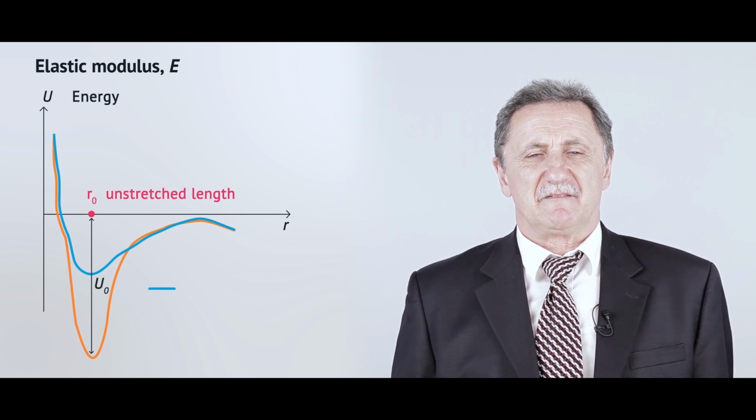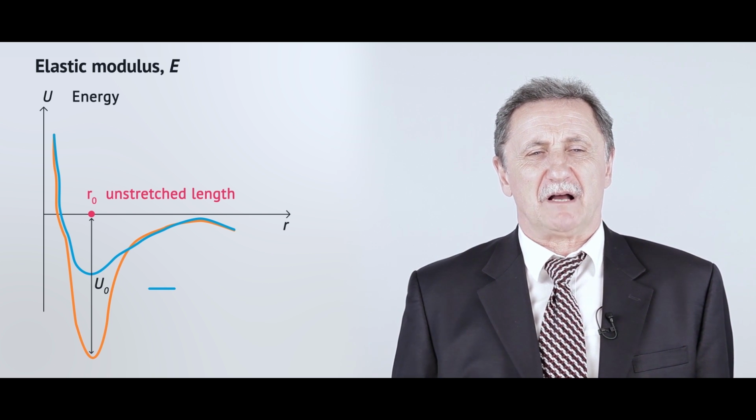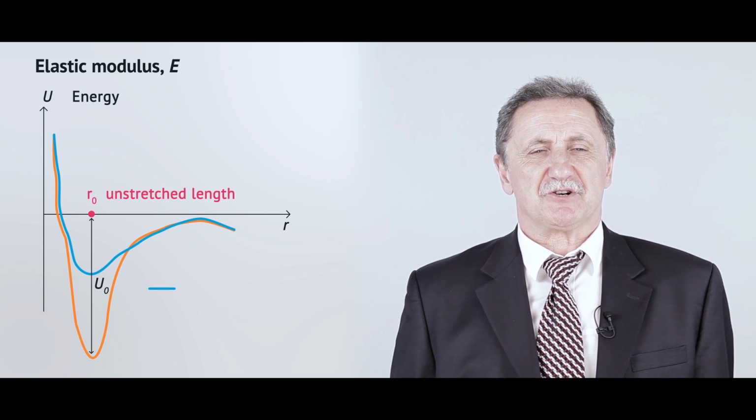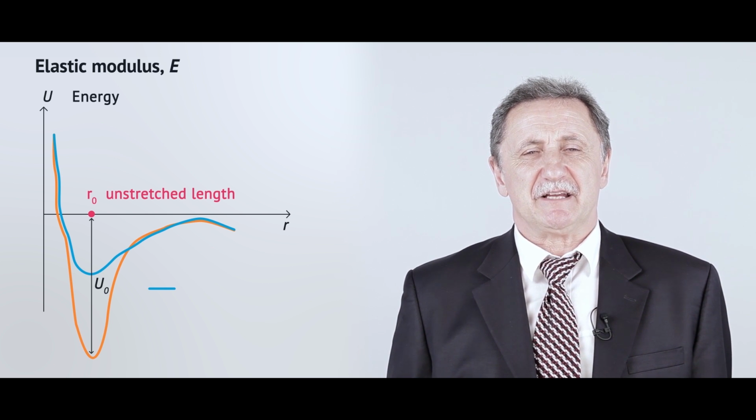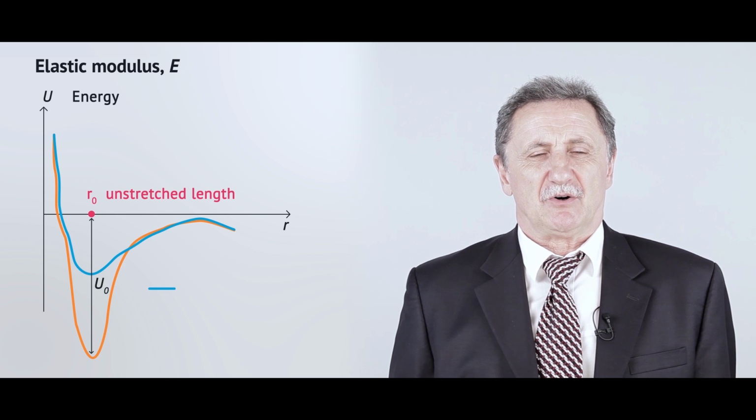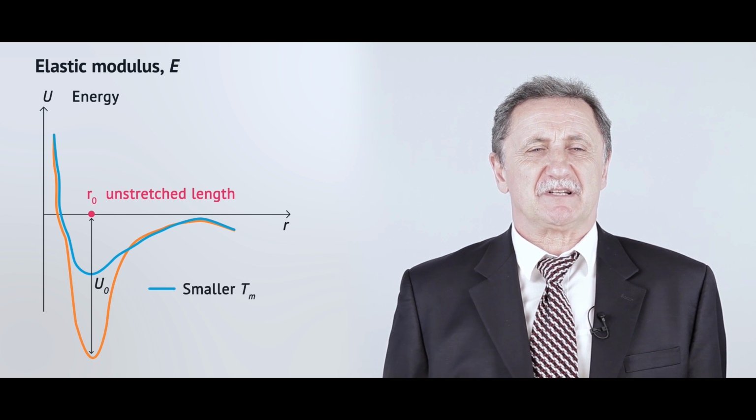So let's again come back to the energy distance diagram for two different materials. You can see that the bonding energy for one material is larger than for another material, and you don't need here any additional explanations in order to understand.